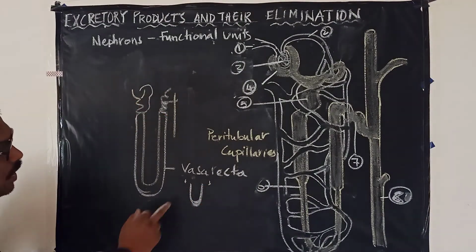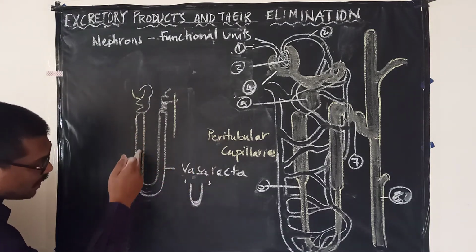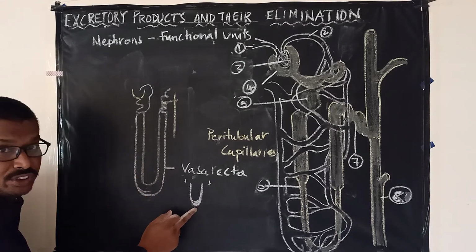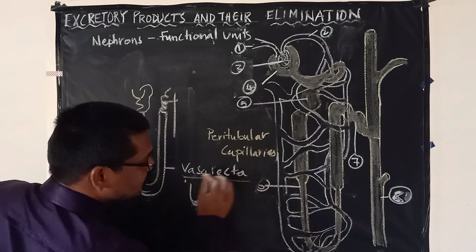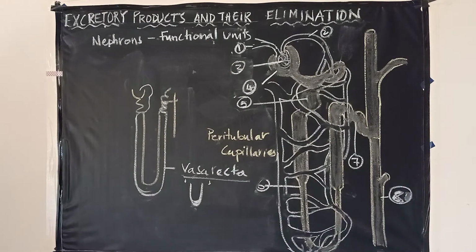You can see very clearly. So Vasa Recta is part of the peritubular capillaries, which run parallel to the Henle's loop, forming a U-shape. Remember the word Vasa Recta, which is important for the next part of our chapter.